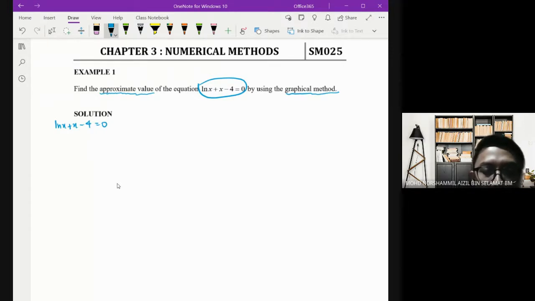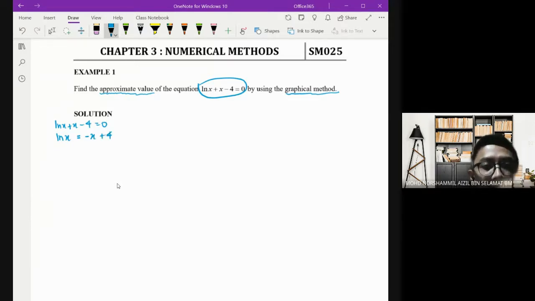Okay, this is the given equation. What you can do is try to split the equation into left hand side and right hand side, and make sure the equation balances. It is not difficult, not easy either. For me, I will try to keep ln x in left hand side and bring all the others to the right hand side. So minus x plus 4.